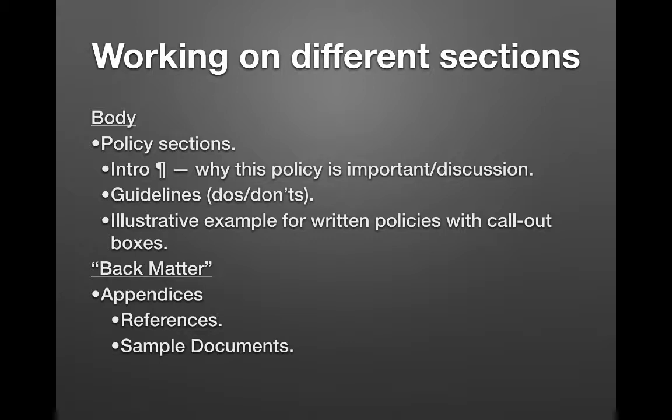Kind of look at our text. That might give you some idea of policies and types of policies that you can use. I think chapter 14 in our text is about writing letters, memos, and emails, so you could draw upon a lot of that.